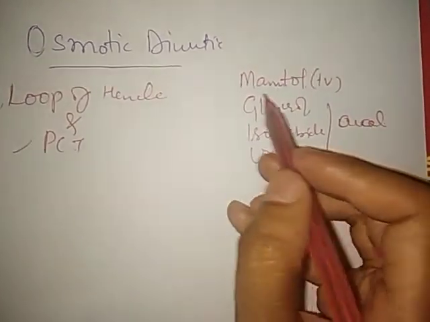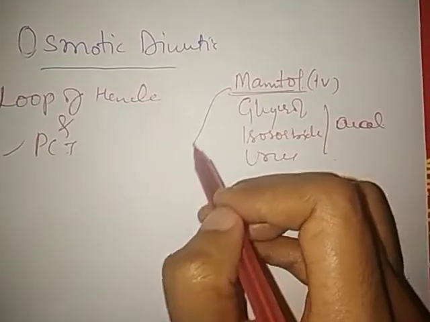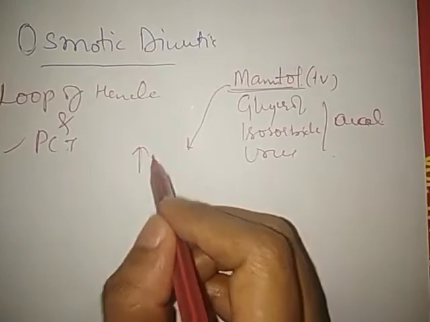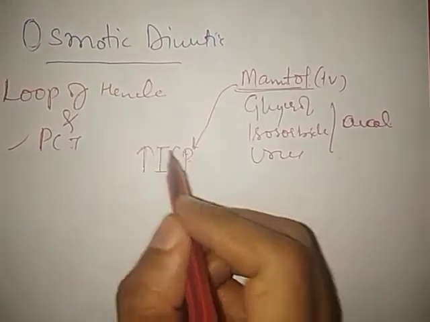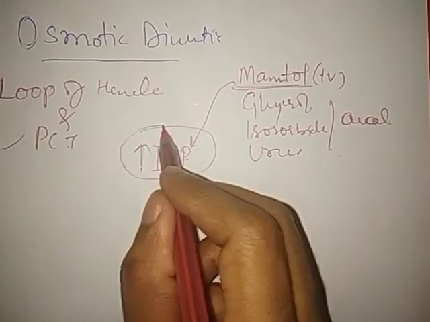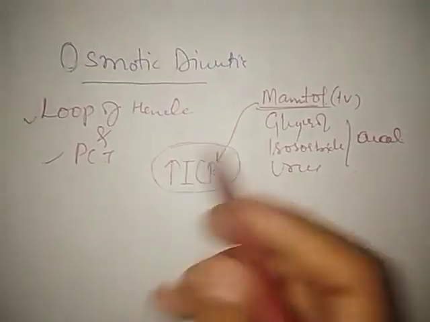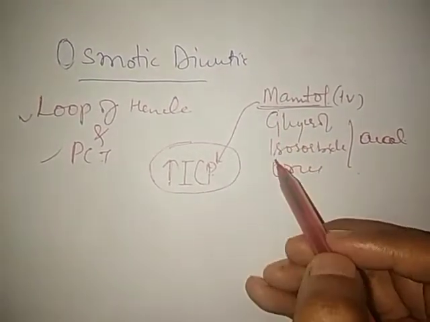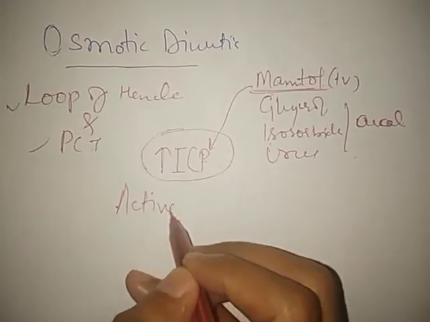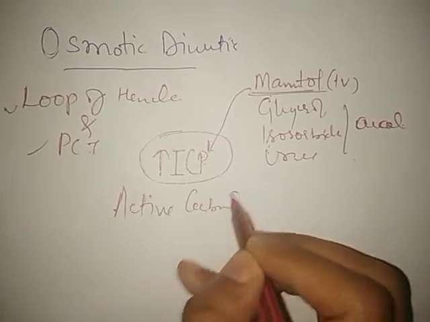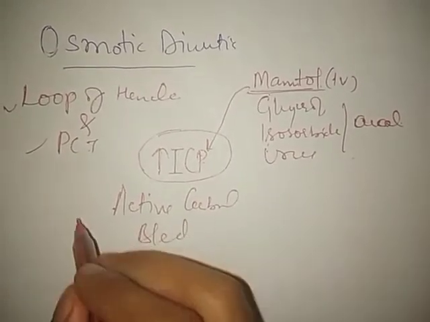Okay, so mannitol is given for increased intracerebral pressure. We use mannitol, but be careful, don't prescribe these diuretics if the patient is having an active cerebral bleed. Don't give these drugs.